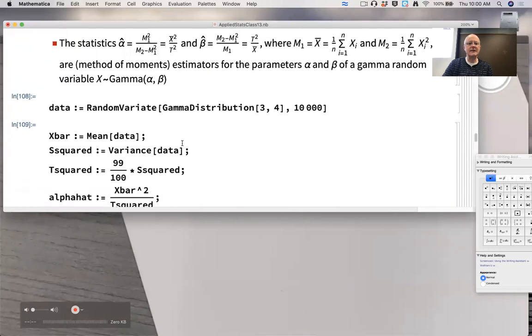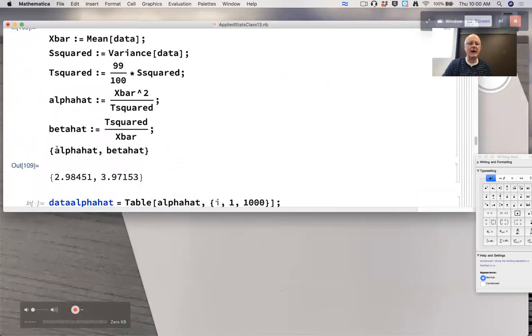But essentially, this is simulating a gamma distribution with alpha equal to 3 and beta equal to 4. And I'm trying to look at what alpha hat and beta hat's observed values are. Doing this over and over, it's not clear for sure whether these things are biased or unbiased, and it's no proof for sure.